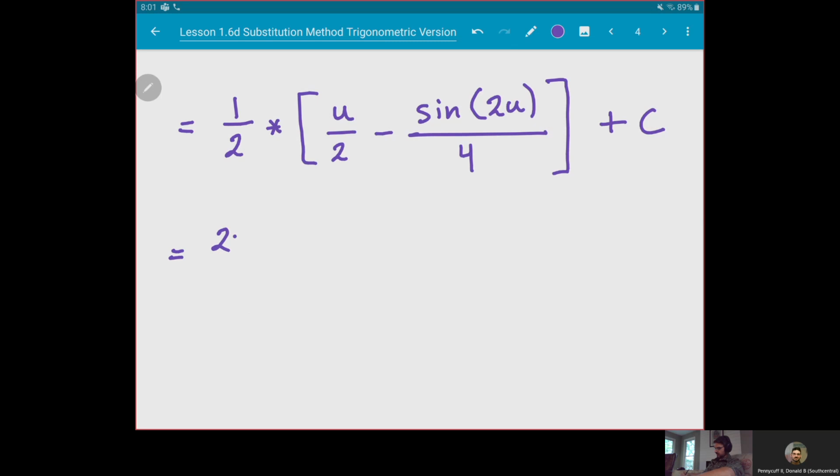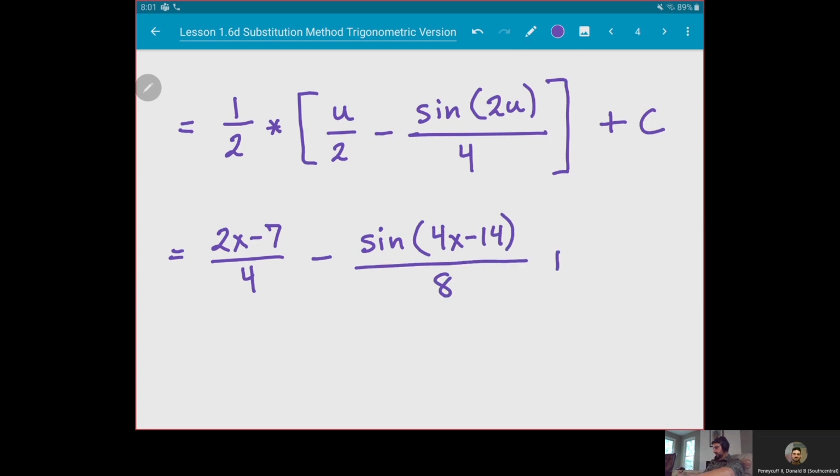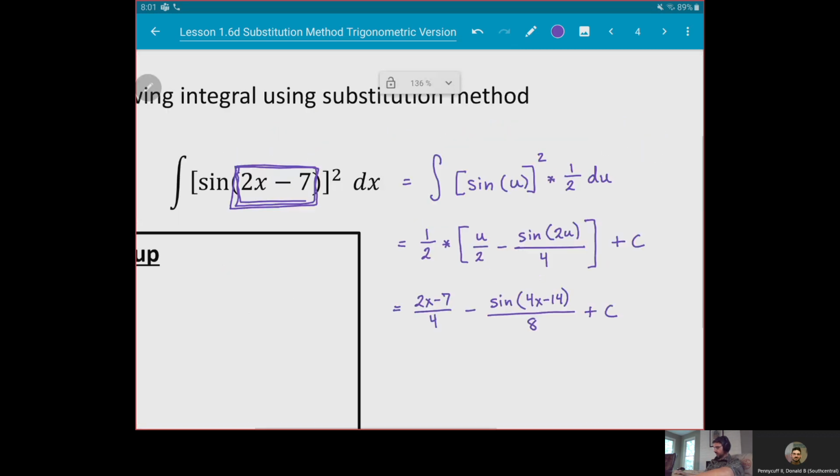So that's going to be 2x minus 7 over 4 minus sine of 2 times that, so that's going to be 4x minus 14 over 8 plus c. And there we go. I have my answer.